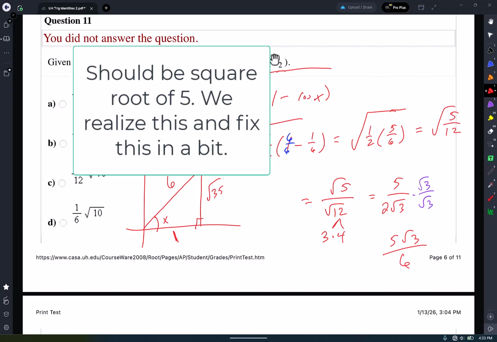Hold on, let me make sure. 6 squared is 36. 36 minus 35 is 1. 1/2 times 1 minus 1/6, so that's 5/6. Square root of 5. 2 times 6 is 12.